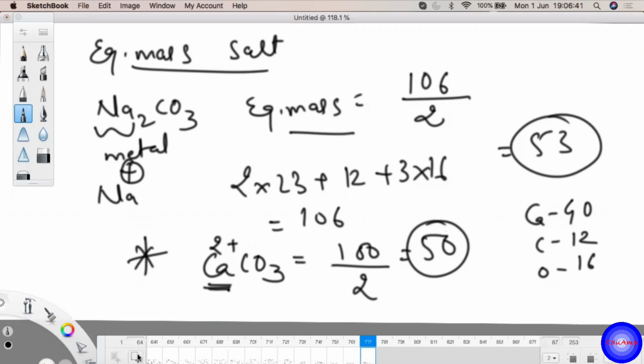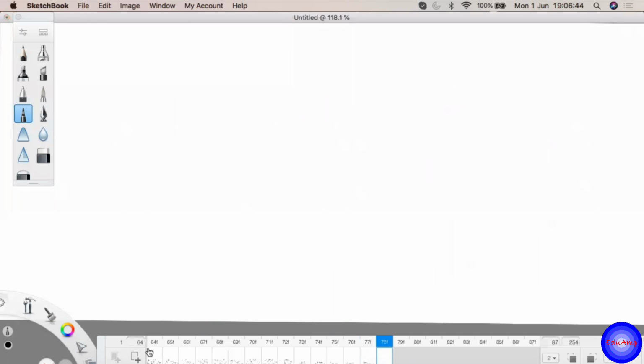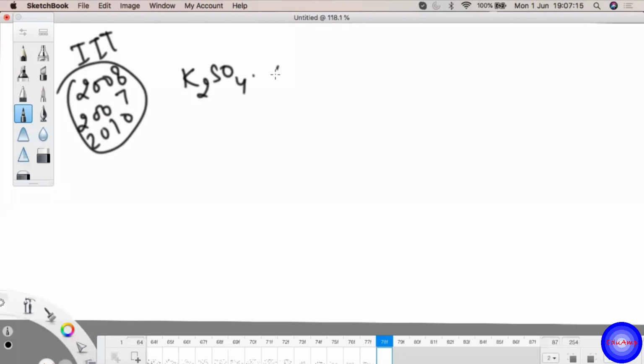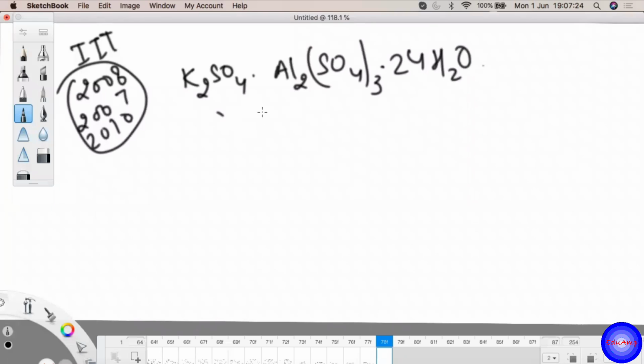Okay. For those who want to solve some difficult questions, solve this. This was in IIT, I guess, 2008, 2007, and 2010. You have to calculate the equivalent mass of this.